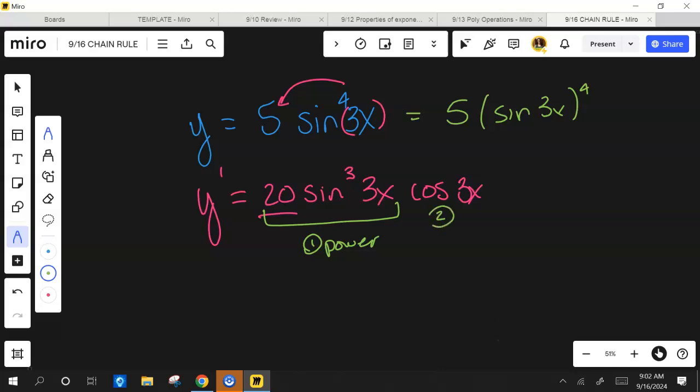This is my trig. Argument has to stay the same. And now I have to multiply by 3. 3 is just the inside.